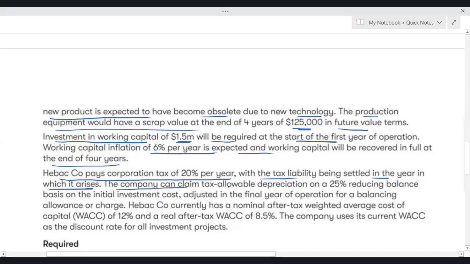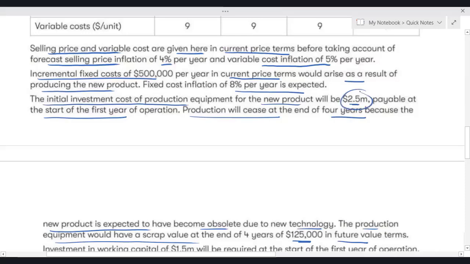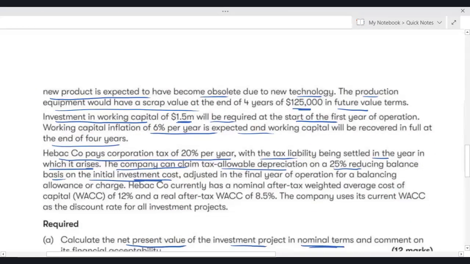The company can claim tax allowable depreciation on a 25% reducing balance basis on initial investment cost, and initial investment cost is 2.5 million. So we need to calculate tax saving from capital allowances as well, adjusted in the final year of operation for a balancing allowance or charge.